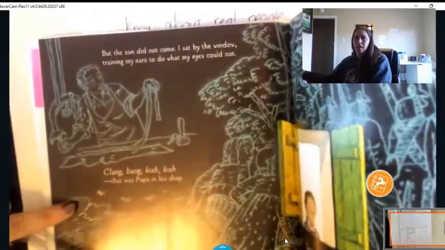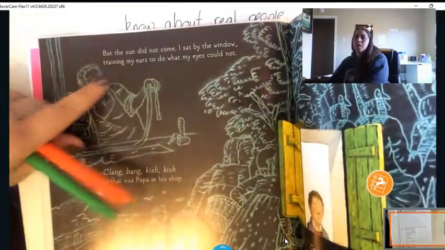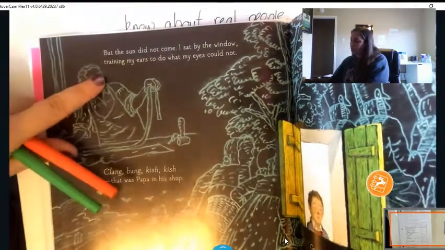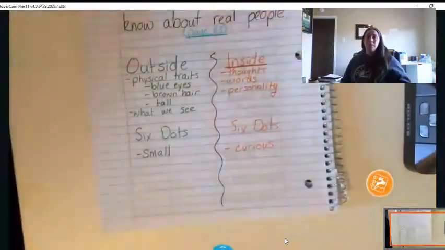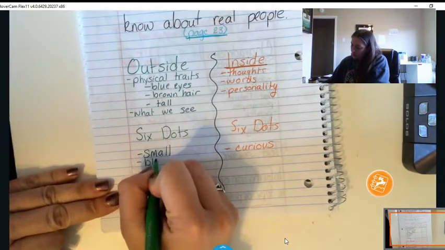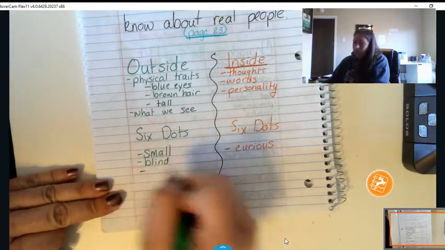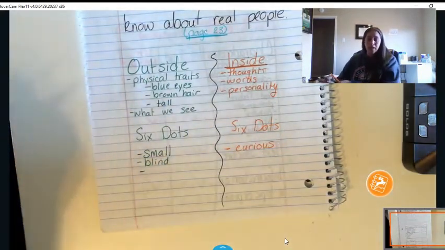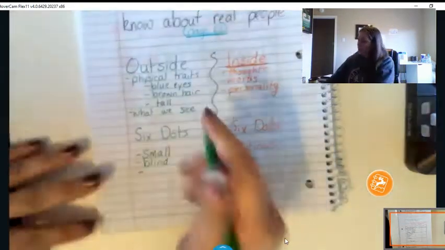All right. Oh, it's focusing. There we are. Okay. So a couple of things we know from this physical trait is that he's blind. He cannot see. The second physical trait that we know is that he has really good hearing because he's been training himself to hear.